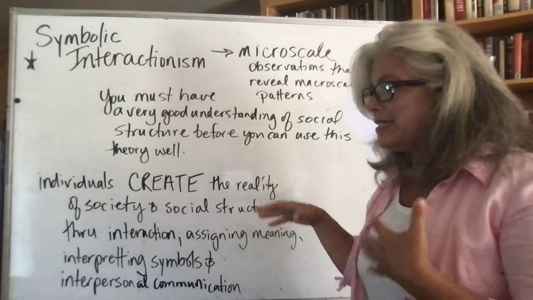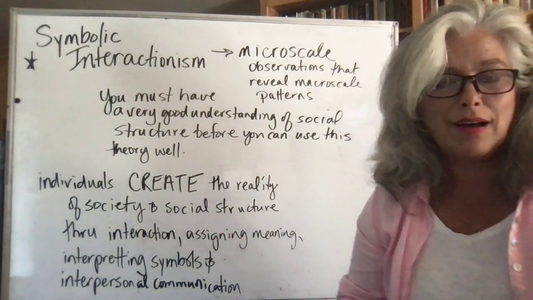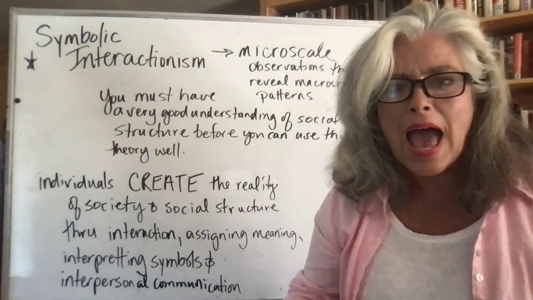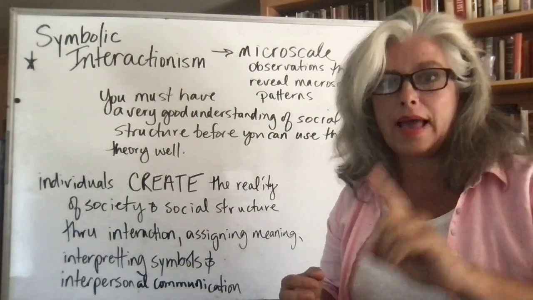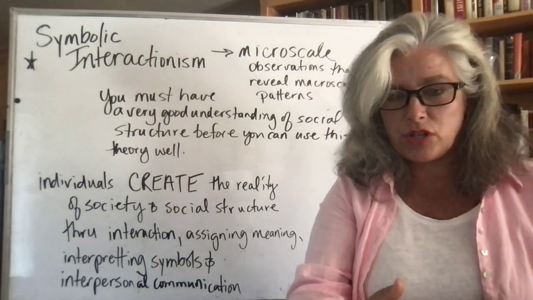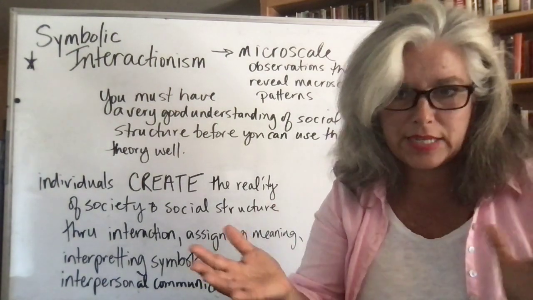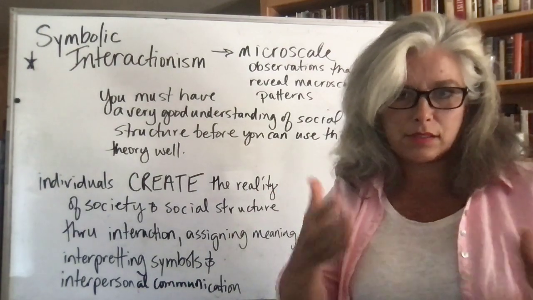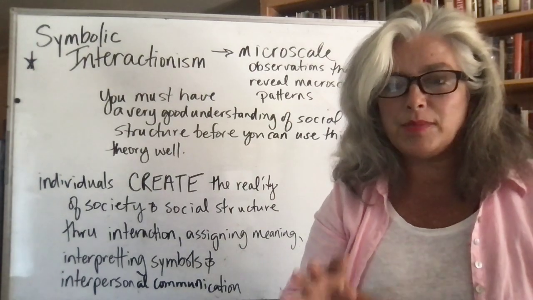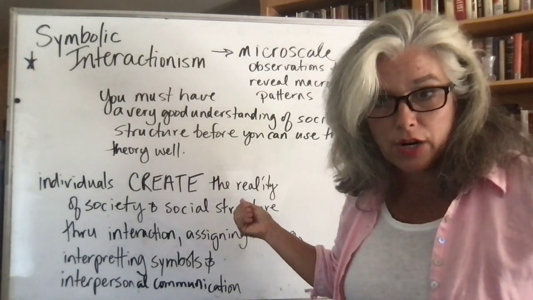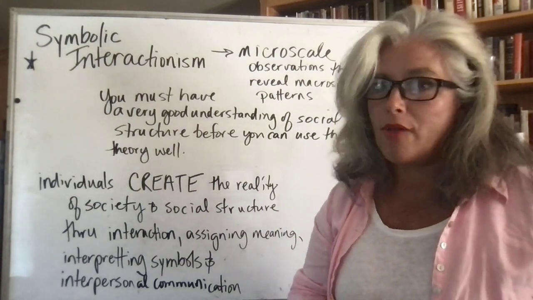And so this is a difficult theory to focus on. I think I've said that 18 times, and it's primarily because if I ask you to choose a theory and apply it to a particular scenario or video that I put on the first project or the first 100-point test, a lot of times in the past, students have chosen this theory because it is kind of fun to observe people on the micro scale.